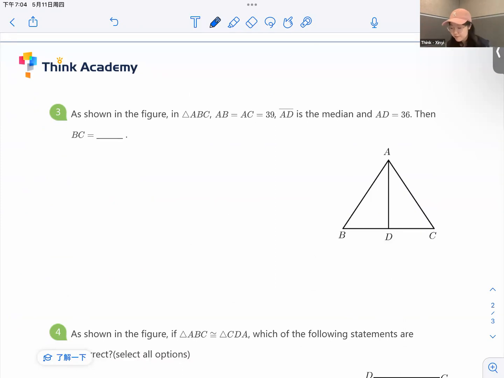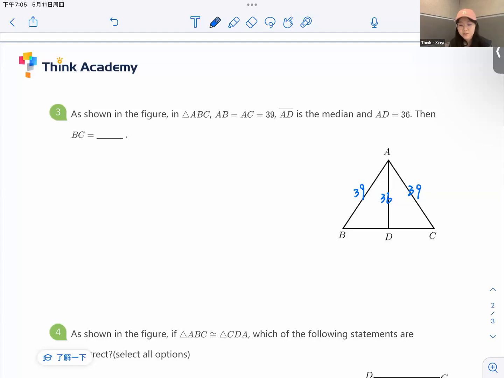As shown in the figure, in triangle ABC, we have AB equals AC equals 39, and AD is the median, and AD equals 36. Okay, 39, 39, 36. Then what's the length of BC? So we know that AB equals AC, so this is an isosceles triangle.